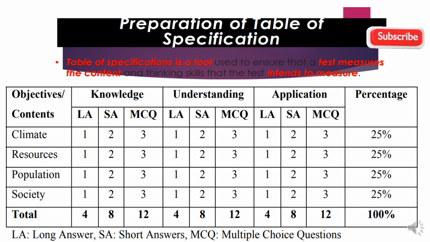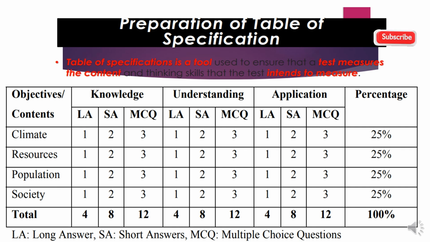So we calculate the climate: we have one in the long answer, and then we have the short answer. There are two, the value is 2, and the third is MCQs, and their value is 3. So all of these, in the knowledge, understanding, and application, we total it, and the total percentage is 25.